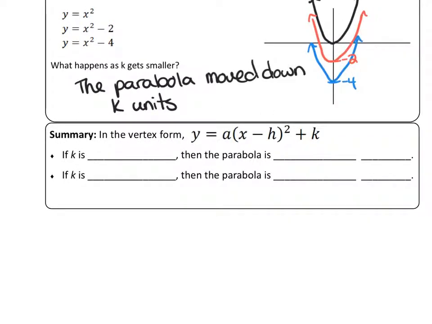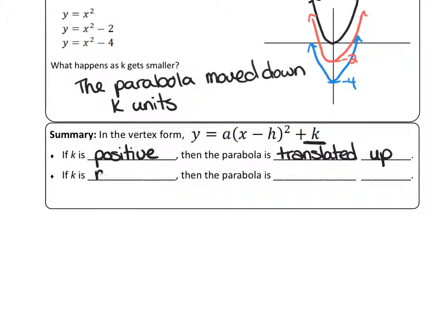So when you get to the bottom, to summarize it, I just want to make sure that you've summarized it correctly. If k is positive, so if this value here is positive, then the parabola is translated. Translated just means moved. It's kind of a fancy math word for it. Translated up, and it's translated up k units. So k tells you how far up it goes.